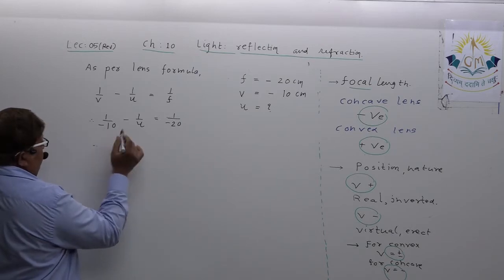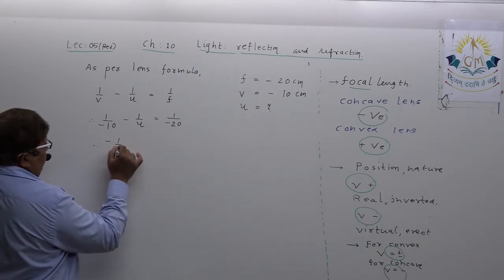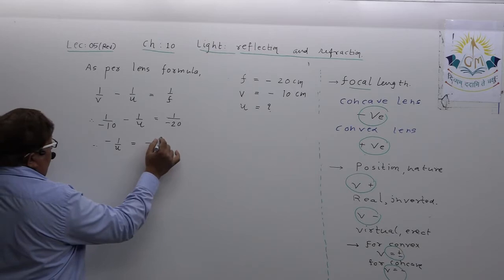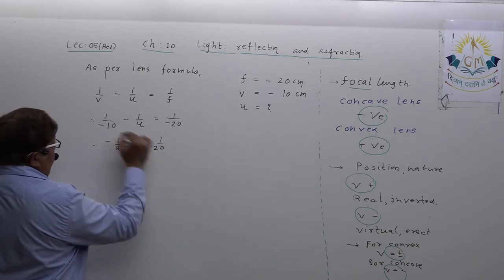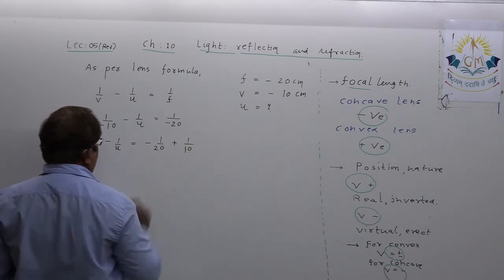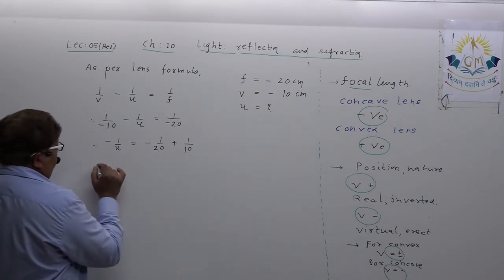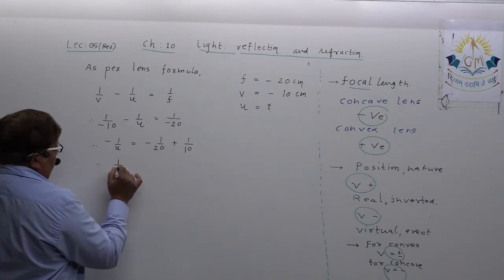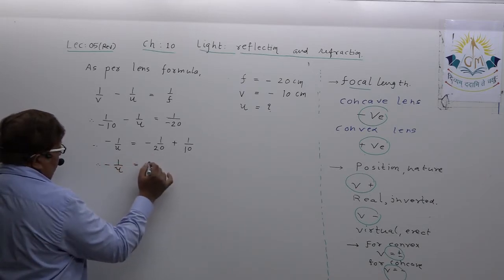Let us transfer: minus 1 upon 20 plus 1 upon 10, equals minus 1 upon u.